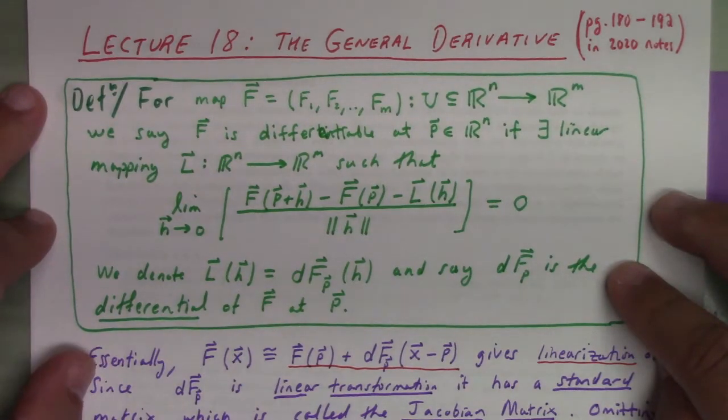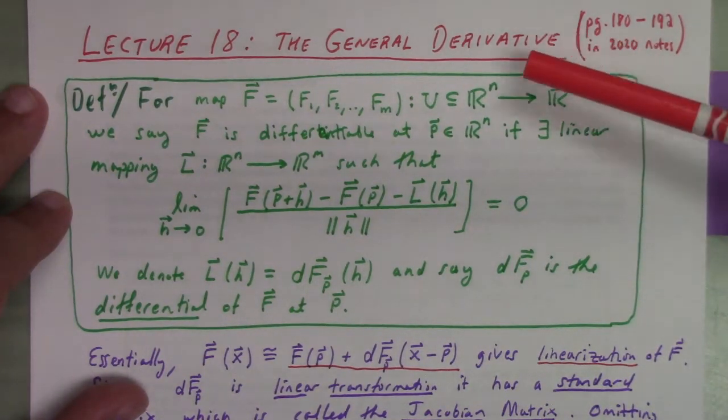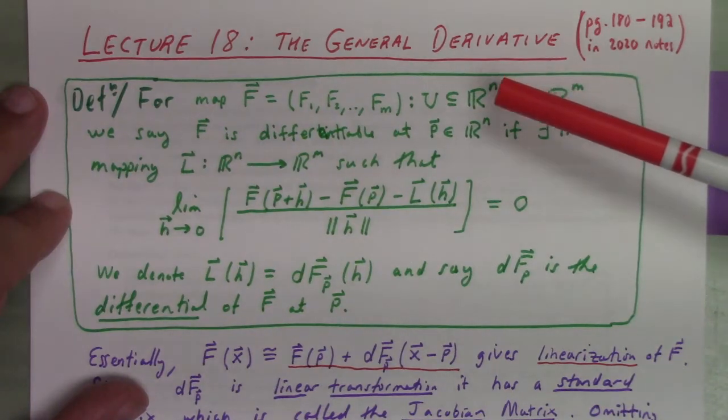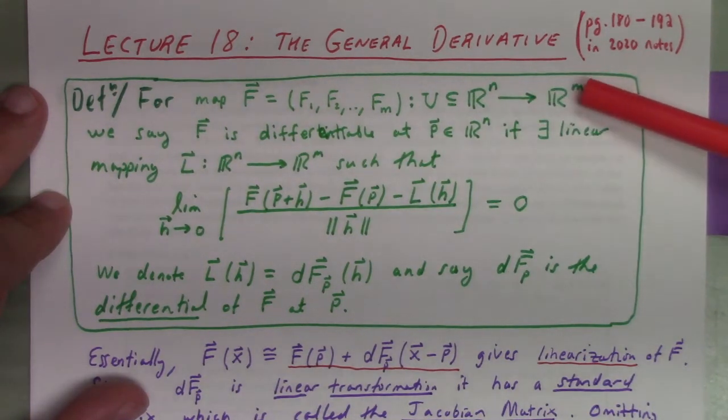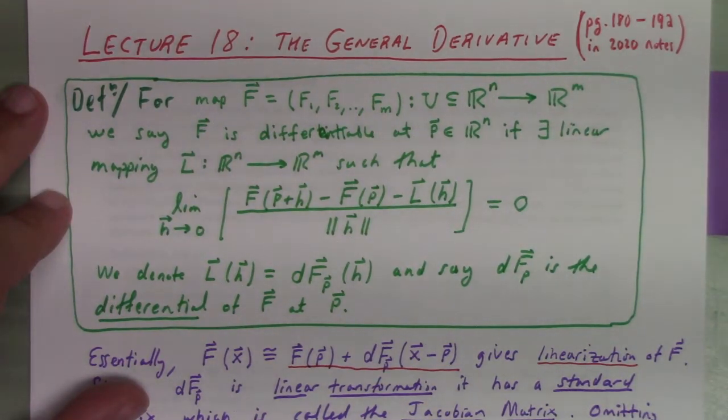And so the general derivative, sometimes called the Fréchet derivative, is how we would define the derivative for a function where we have more than one variable in the domain and more than one variable in the range. If you go back and look, we've really only talked about how to differentiate things where we have more than one thing in the range. That would be like a space curve, right?